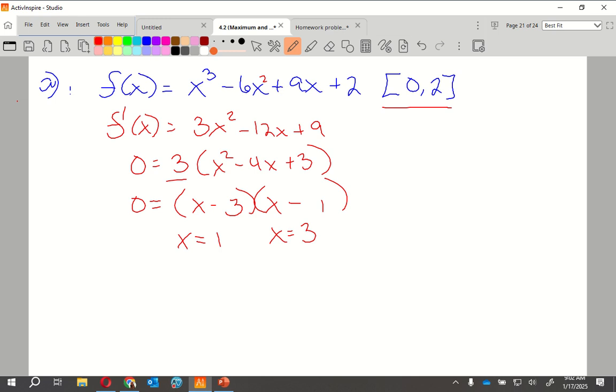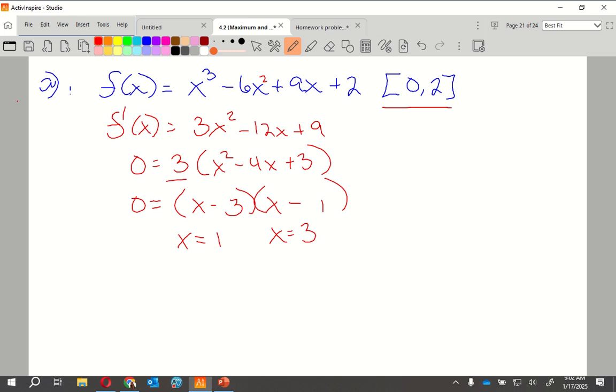The only thing I care about is my domain. So what does my domain tell me? x equals 3 doesn't matter. That one doesn't matter, right? That's good. So now we're evaluating at those points. When I evaluate something, where do I plug it in? f of x, not f prime.